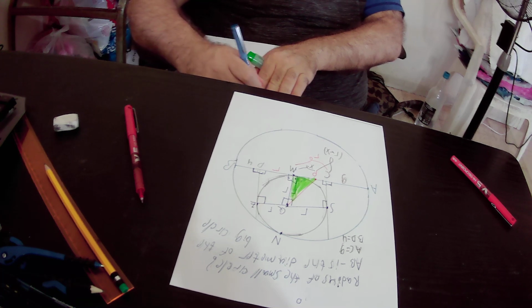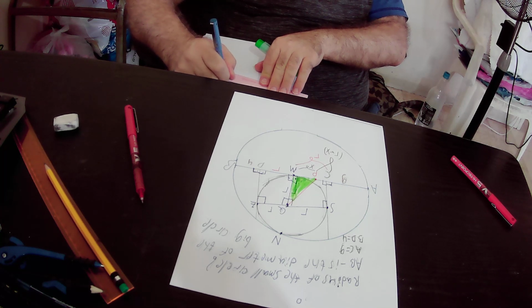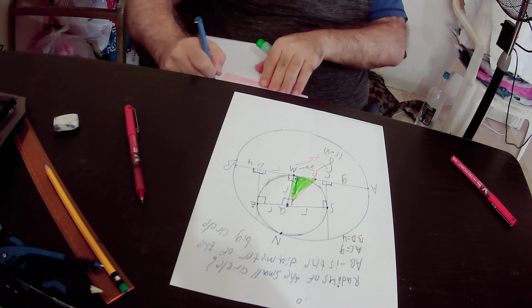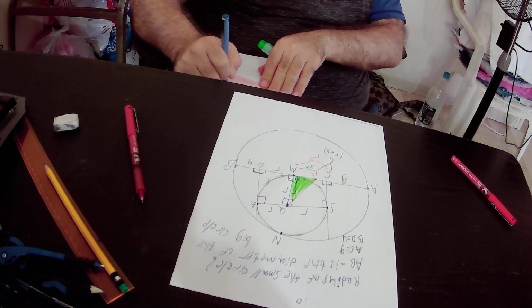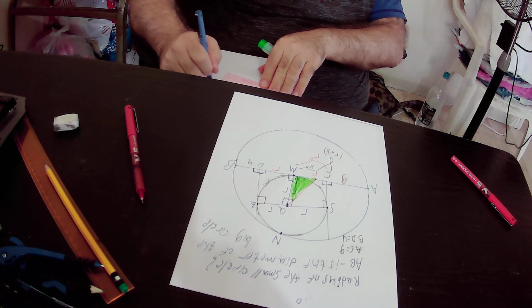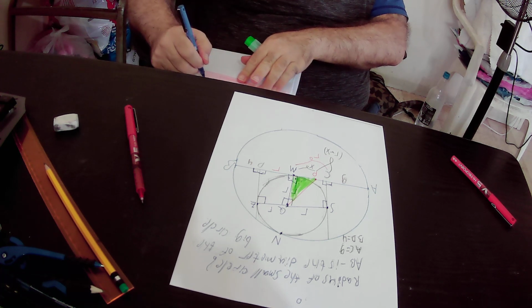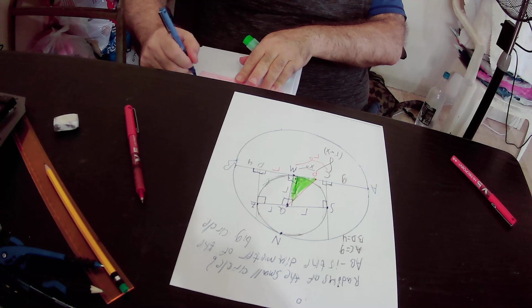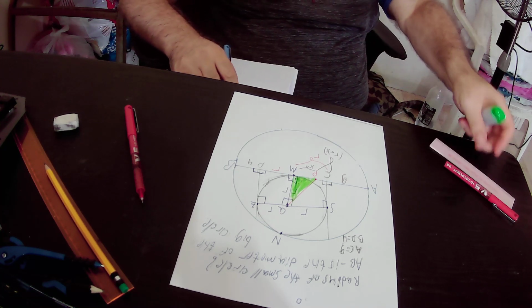Therefore, according to the Pythagorean theorem, the square of the hypotenuse equals the sum of the squares of the perpendiculars.